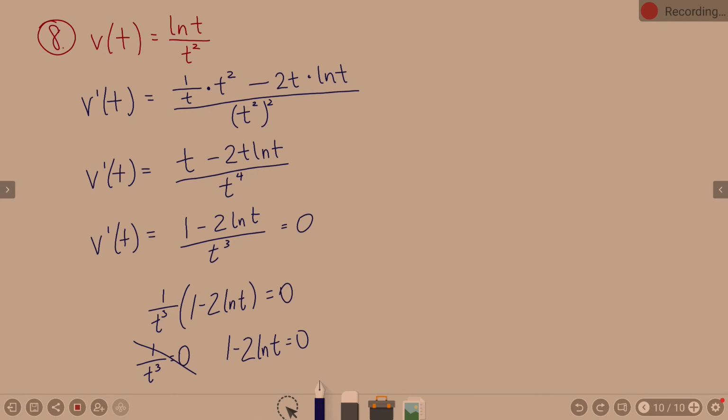So the part we're really looking at is, I'm going to bring it up here, so I have 1 minus 2 ln t equals 0. So if I, let's see, subtract over the 1, negative 2 natural log of t equals negative 1. If I divide by the negative 2 to get the natural log of t by itself, natural log of t is going to equal positive 1/2.